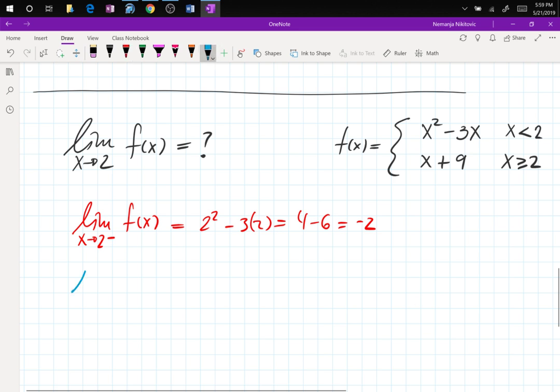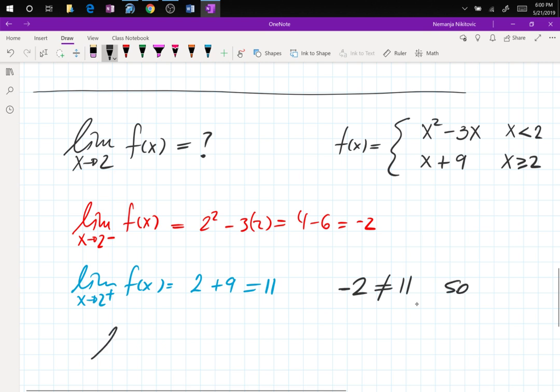Blue approach, limit as x approaches 2 plus of f of x, which is going to be the bottom one, which is 2 plus 9, and that's 11. Negative 2 is not the same as 11, so the limit of f of x as x approaches 2 does not exist.